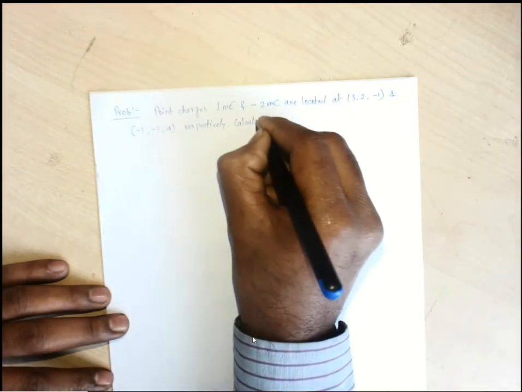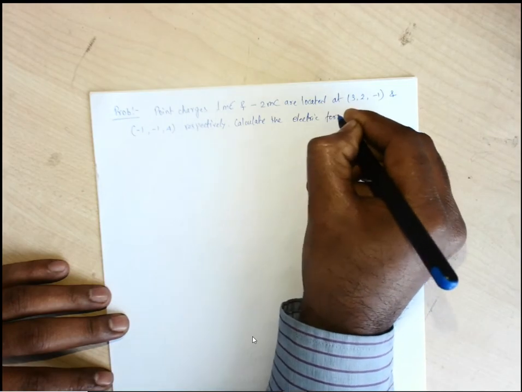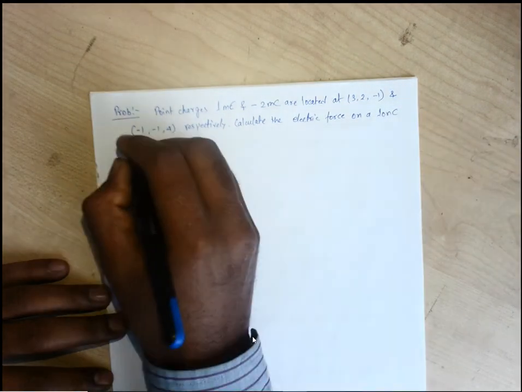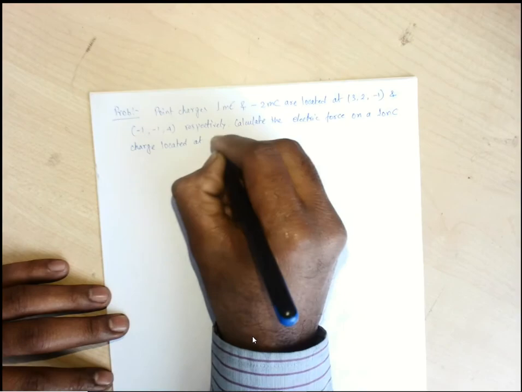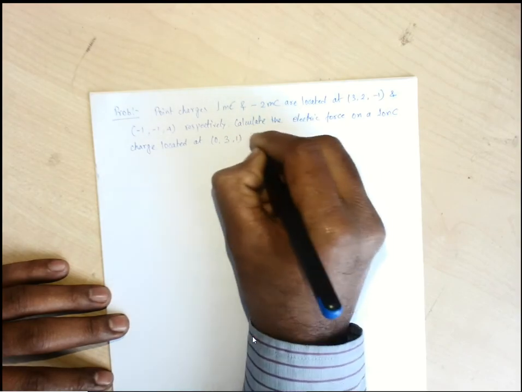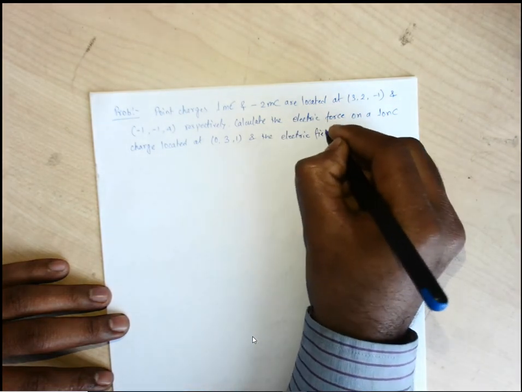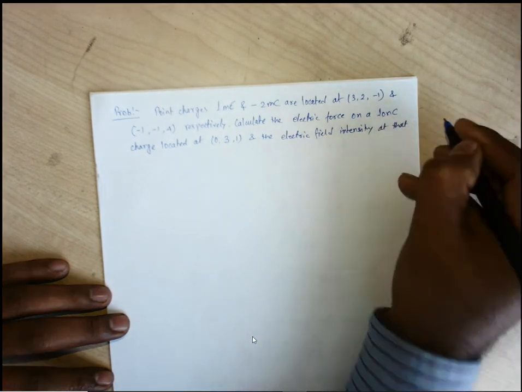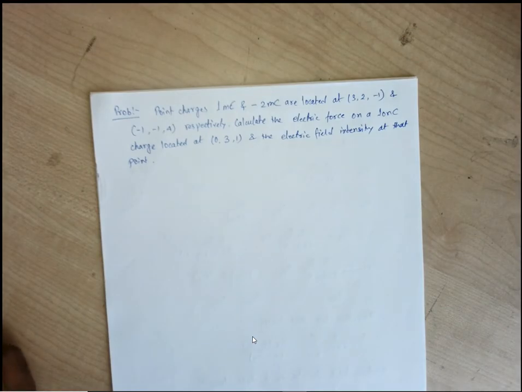Calculate the electric force on a 10 nanocoulomb charge located at (0, 3, 1) and the electric field intensity at that point. Try to solve this problem.